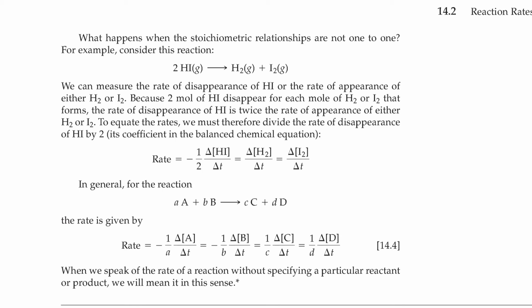To equate the rates, we must therefore divide the rate of disappearance of HI by 2, its coefficient in the balanced chemical equation.